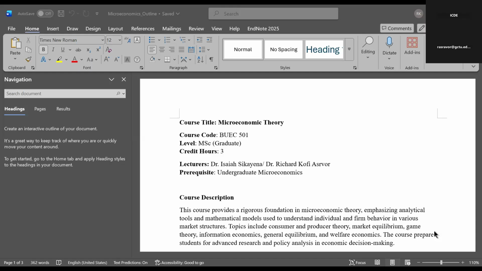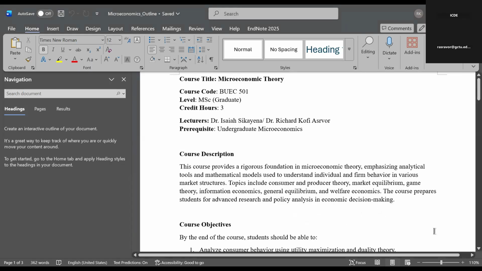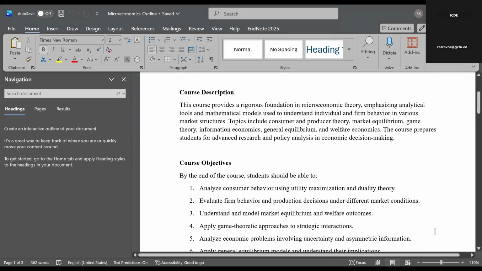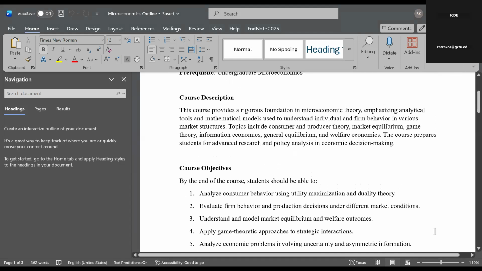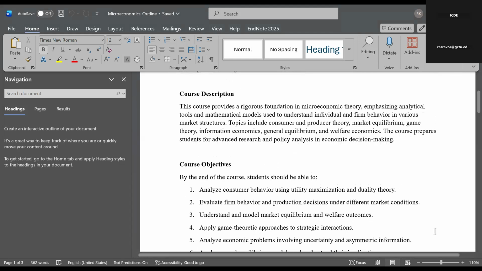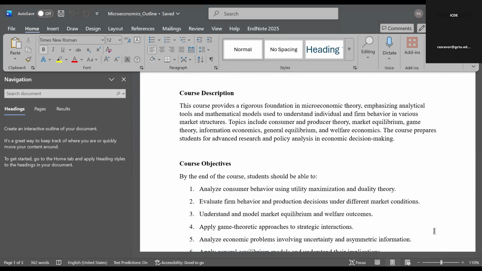You would have the course outline. So it's a graduate study course. And these are the descriptions: micro theory, emphasis on analytical tools and mathematical modeling, and to understand individual and firm behavior, as well as the market structures. We'll look at consumer theory, market equilibrium, information economics.